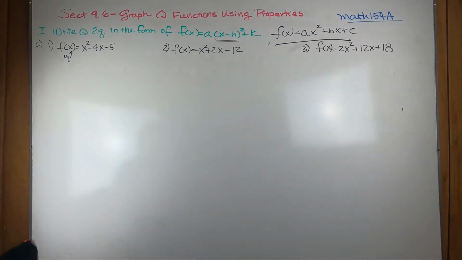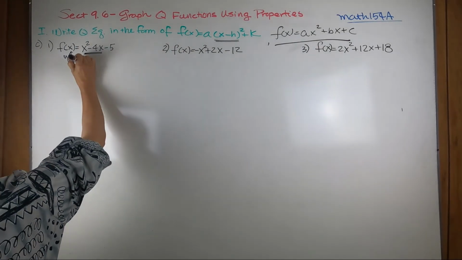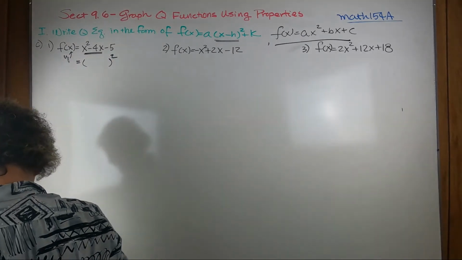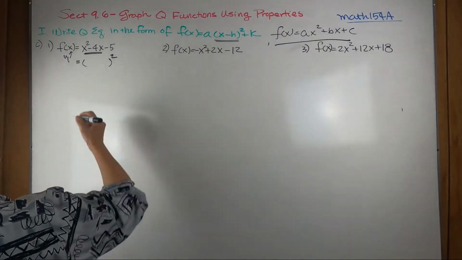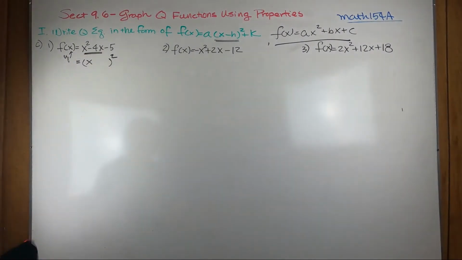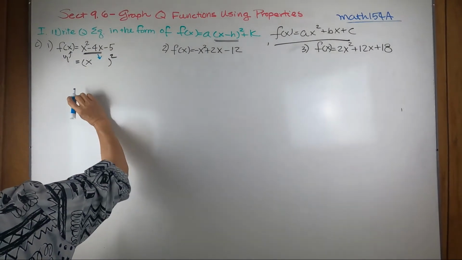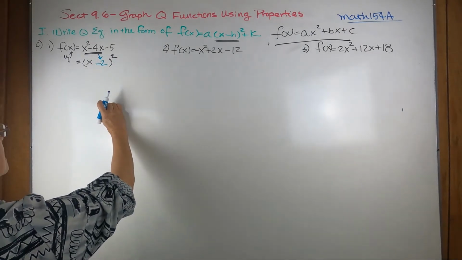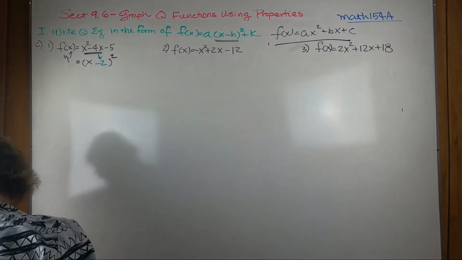So we need at least 2 terms to change it to that. So we say what kind of square we should have. The leading coefficient is 1, so we can just do x. Then the number would be half of b, which would be -2, right? So if it's -2, what do I need?